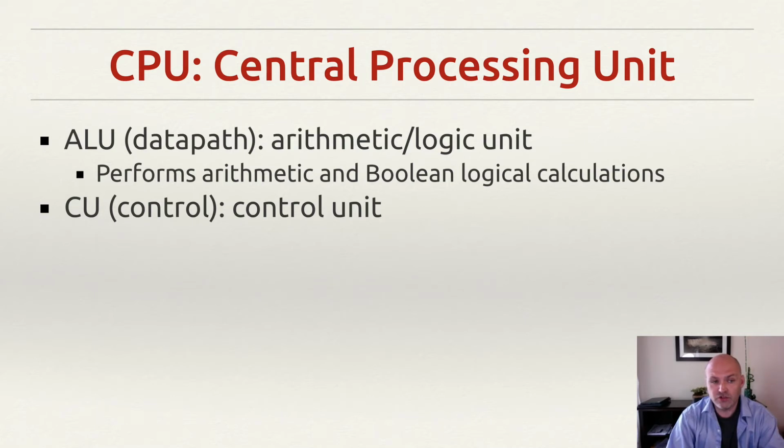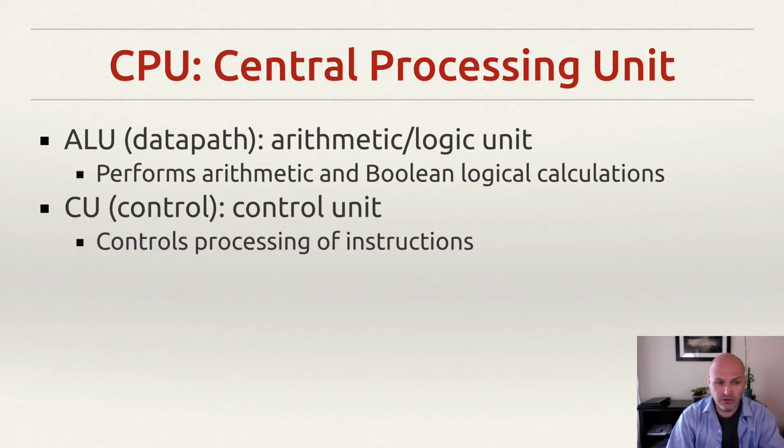We also have a control unit. So the control unit is, again, what we're going to use to decide how we're going to process our data by using those instructions. So let's say that we do want to subtract in our program. Our program says, I do want to subtract a 2 from a 4.